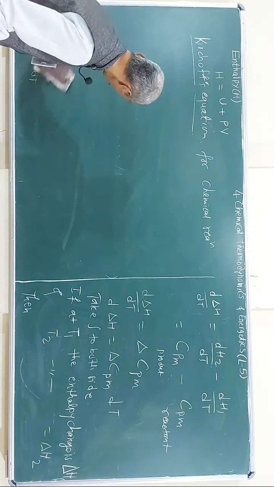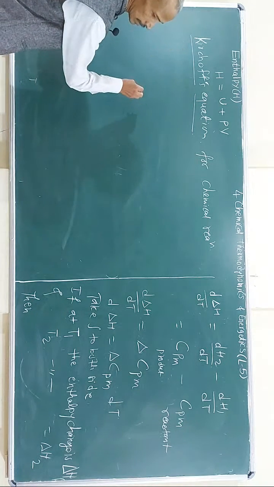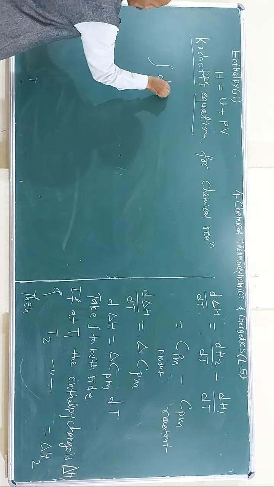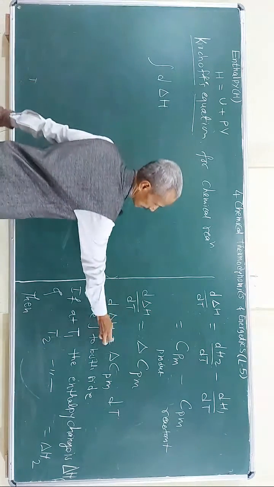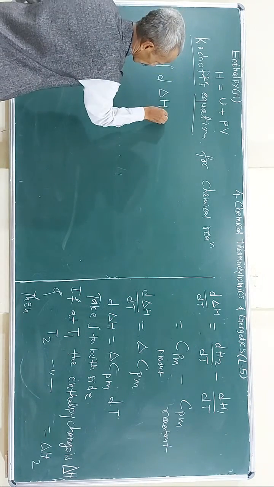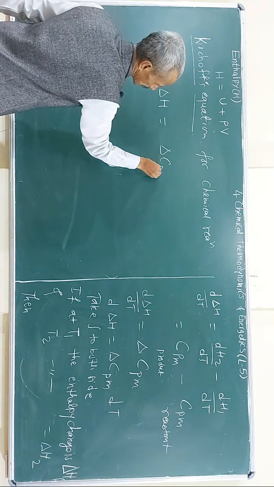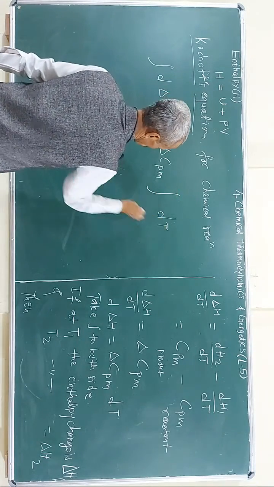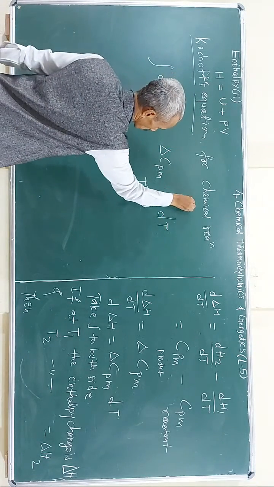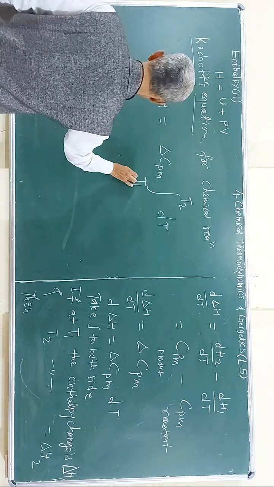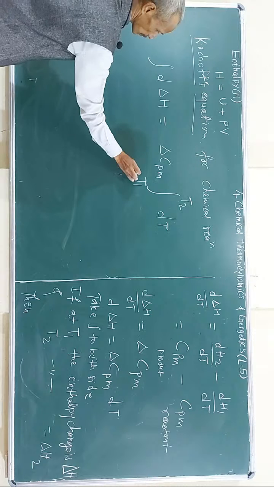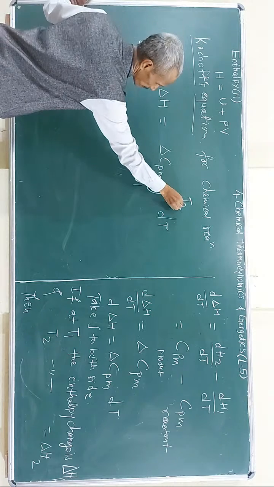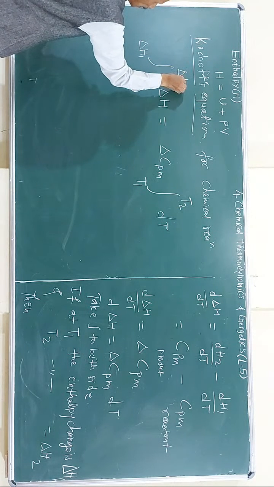Now consider this equation: d(delta H) = delta Cp,m dT. This is the variable temperature changing from T1 to T2. At temperature T1, the heat of reaction is delta H1; at temperature T2, it is delta H2.